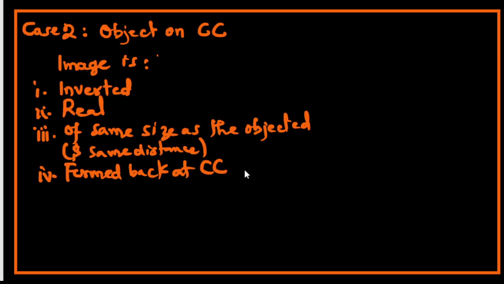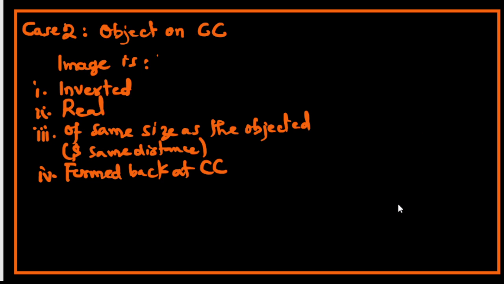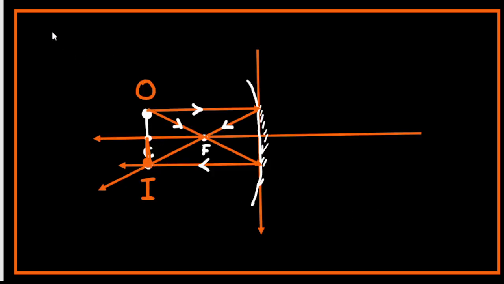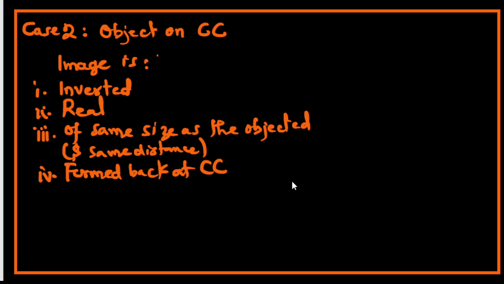You can see that both the object and the image are now formed at C. That justifies the statement I made here, that it is formed back at C. Number two, the orientation shows that the image is still inverted compared to the object. Then, as an observer standing on the left hand side, with the image formed at your side, it makes it real.